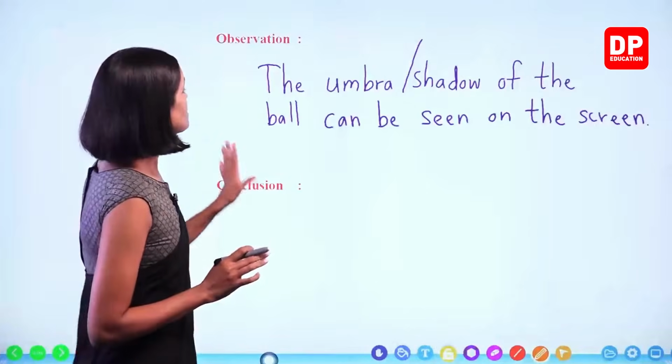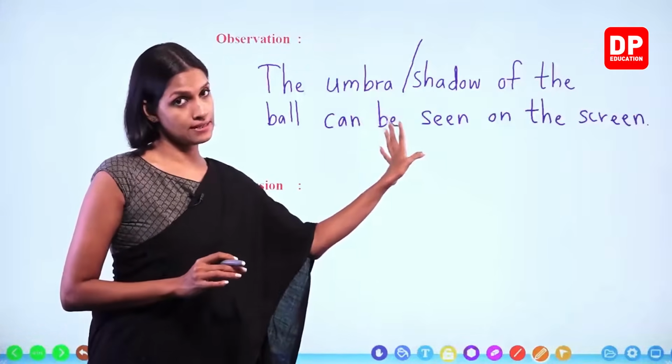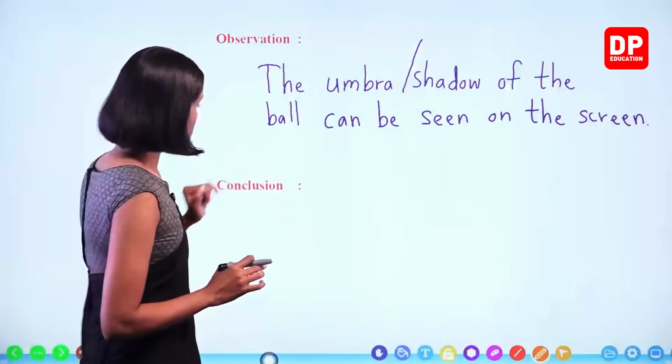Right, children? The umbra or shadow of the ball can be seen on the screen. This was the observation.